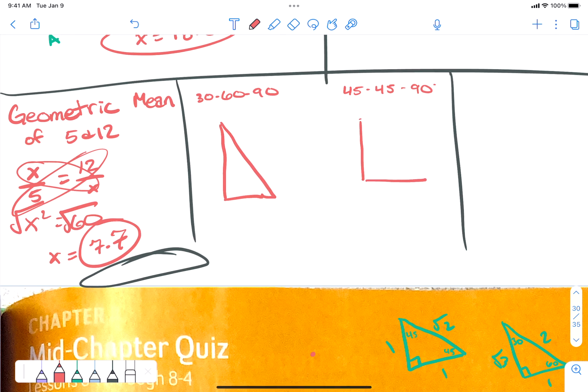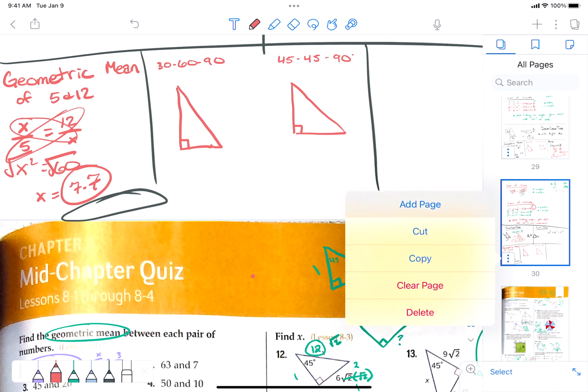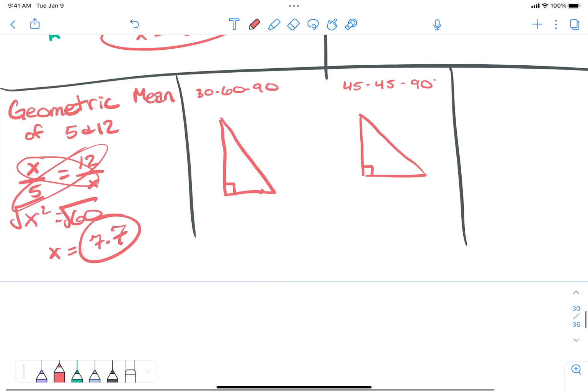And we'll give you all of this stuff so that you can look back on this. Okay. I'm going to say that my 60-degree angle is the bottom one, 30 is the top one. This one's 45 for each one.